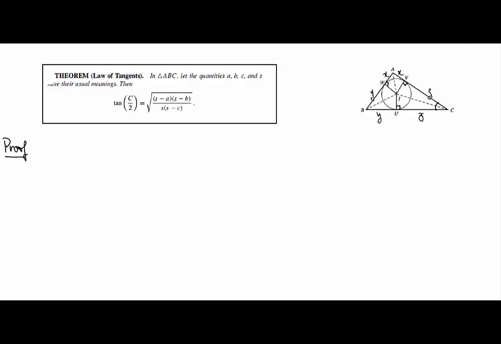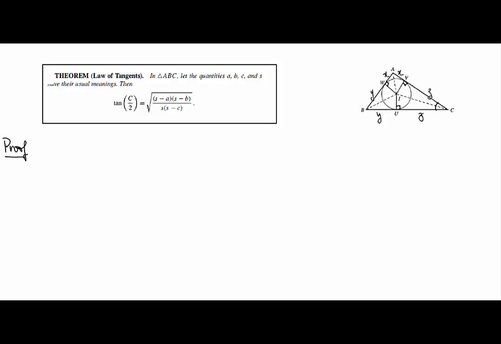First let us consider the illustration on the right hand side of your screen, where you can see that UI, IV, and IW are the inradius of our incircle.